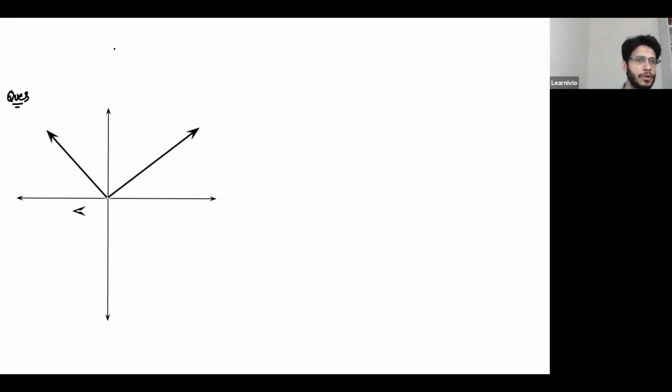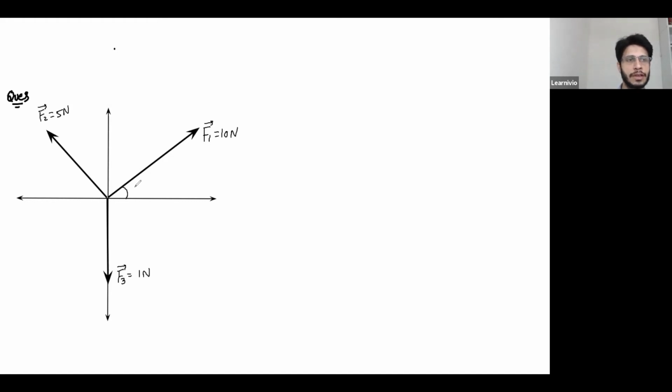So you have three forces which are acting on a point. The first one is F1, which is 10 Newton. The second is F2, which is 5 Newton. And this is F3, which is equal to 1 Newton. This is the angle.